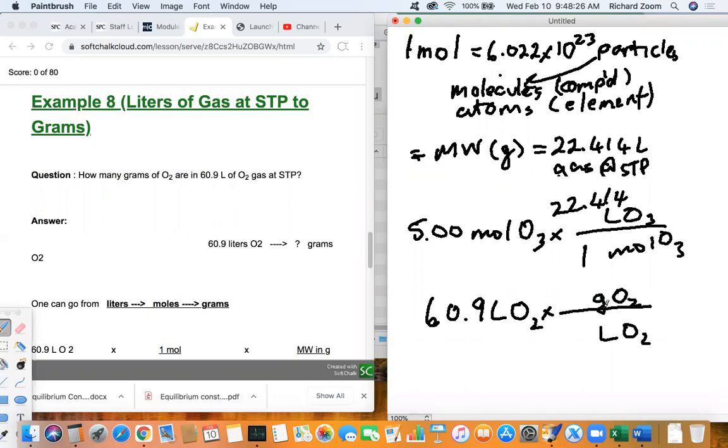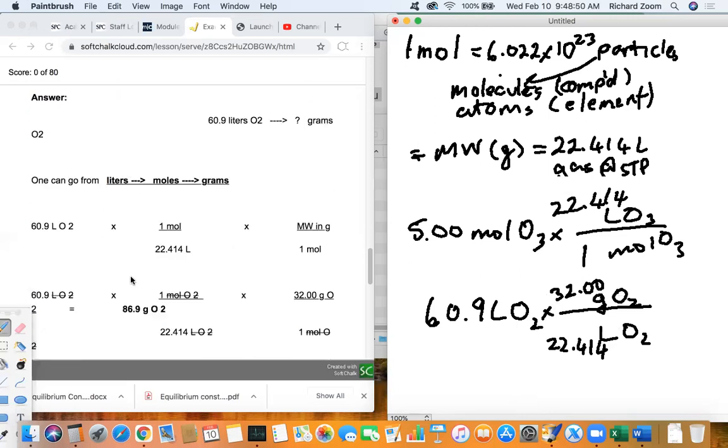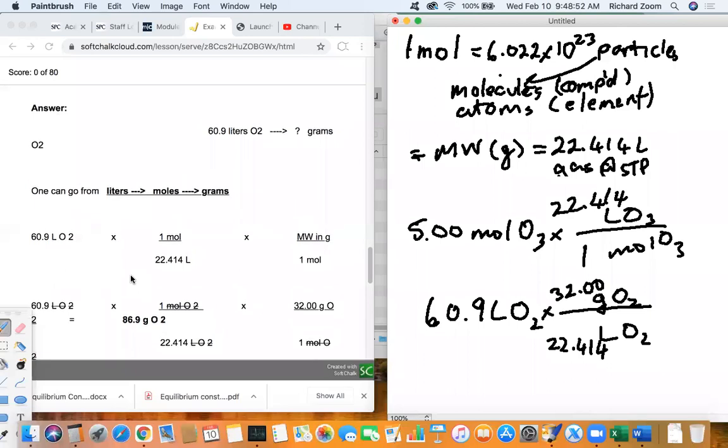There is actually a relationship between those two. Molecular weight in grams is equal to 22.414 liters. So we can put in the molecular weight of O2 on top, and 22.414 liters will go on the bottom. Then you can see we can just go ahead and do the calculation. It's going to come out to be 3 significant figures, and that's going to be 86.9 grams of O2.